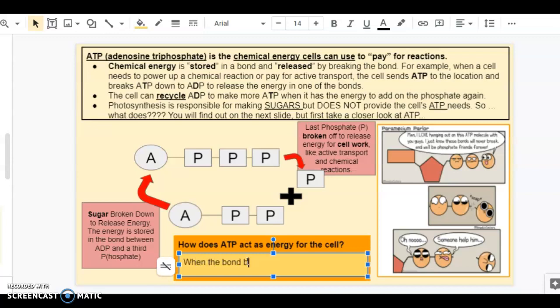When the bond between the second and third phosphate breaks, energy is released and can be used to pay for reactions like active transport.